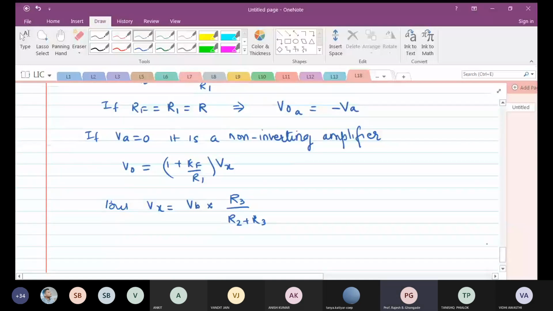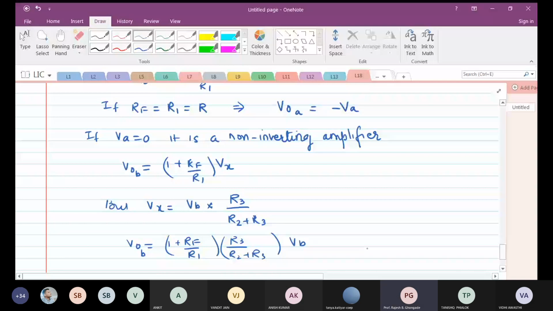Okay. So ultimately, what do I get? Vo corresponding to plus B, VoB, is 1 plus Rf upon R1, into R3 divided by R2 plus R3, into Vb.